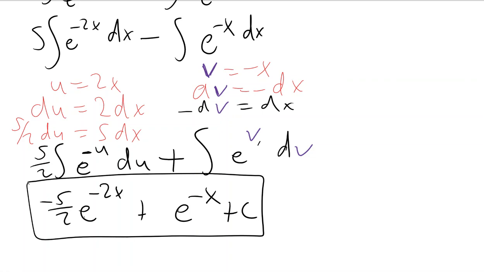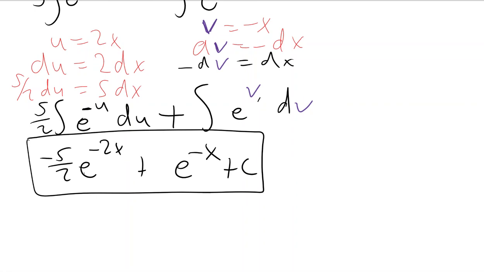Okay, and I have no idea what I started with, it's too far up on the screen, but I am going to practice what I preach here by taking the derivative. So the derivative of e to something is e to something times chain rule, so times a -2. The derivative of e to something is e to something times the chain rule, will be times a -1.